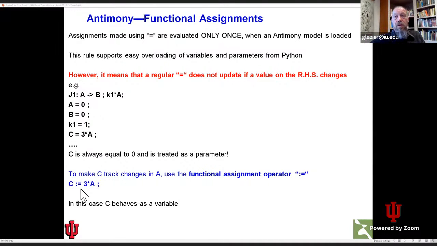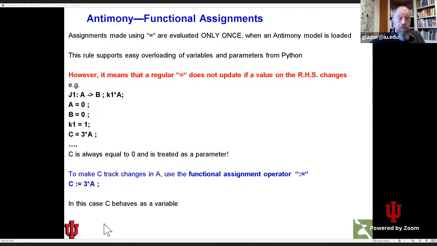If we say C colon equals 3 times A, we can't change C anymore, because it's now assigned to be 3 times whatever the value of A is. We can't override it anymore. And so again, the external behavior of the model will change when we use that colon equals. C will behave like a variable.